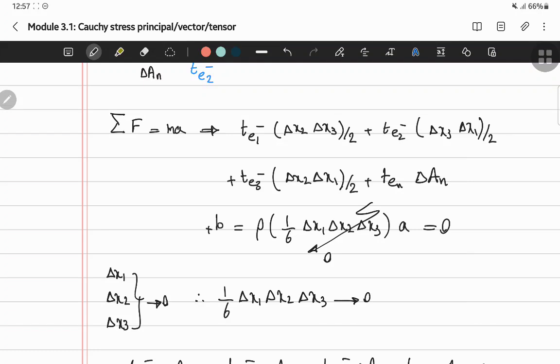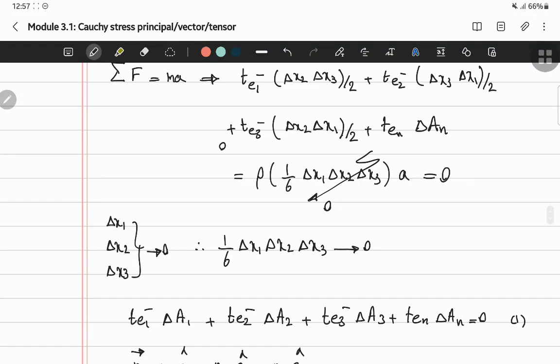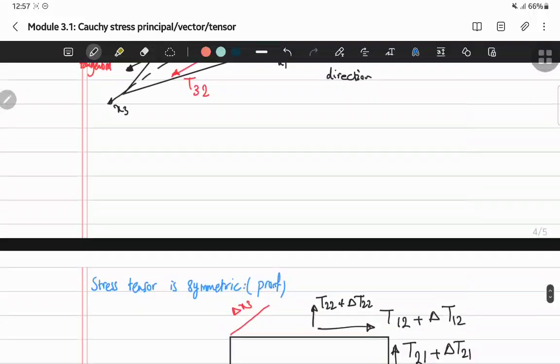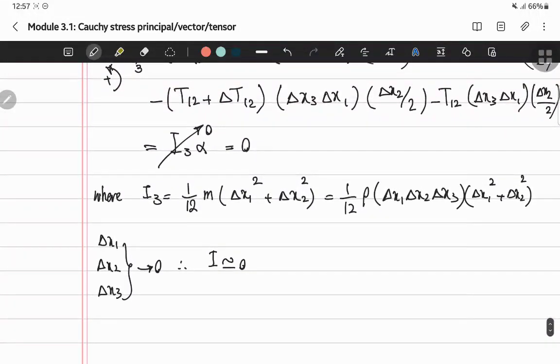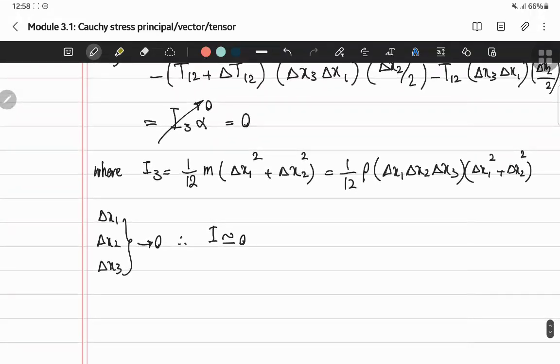This body force is 0 since it is applied to the volume. And we already said that the volume actually goes to 0 faster than these terms. So that's why I neglect this in the proof of the linear transformation. I just forgot to mention this. This is also the same in here. So without loss of generality, we can say that the body forces are actually disregarded. And so let us.